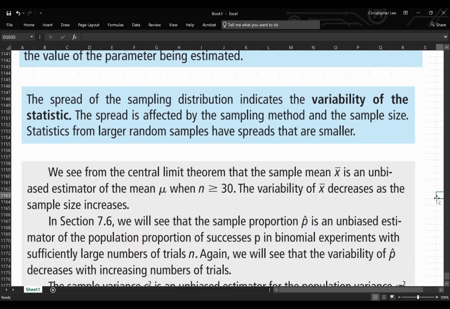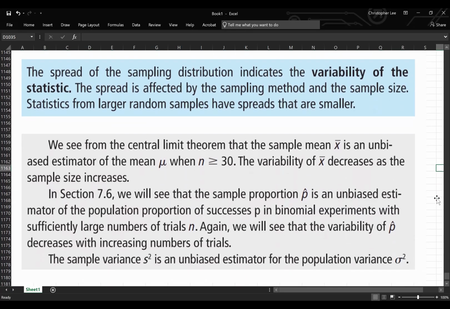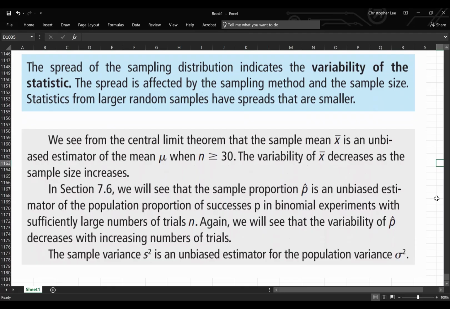In the next section, we will see that the sample proportion p hat is an unbiased estimator of the population proportion of success p in binomial experiments with sufficiently large numbers of trials n. Again, we will see that the variability of p hat decreases with an increasing number of trials, all right? The sample variance S squared is an unbiased estimator for the population variance sigma squared, all right?